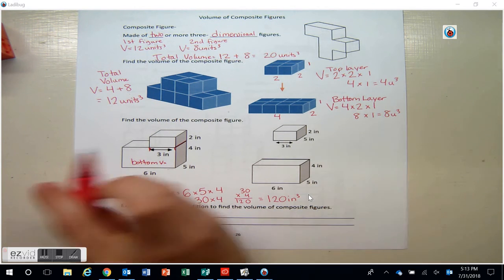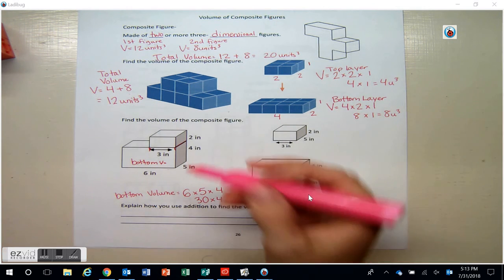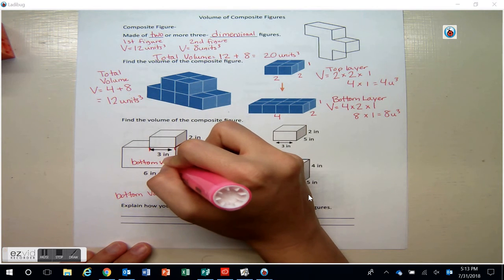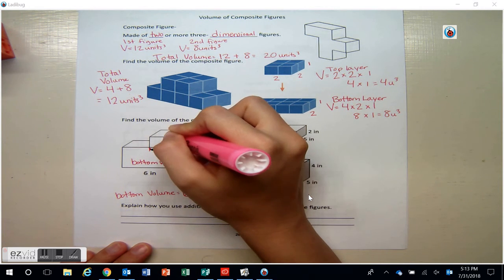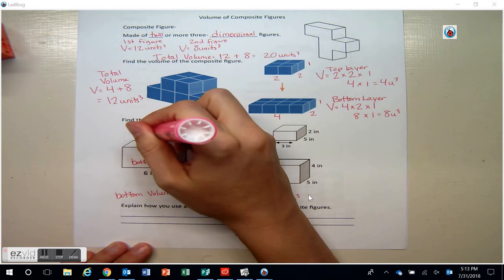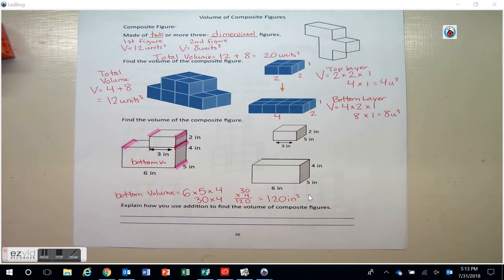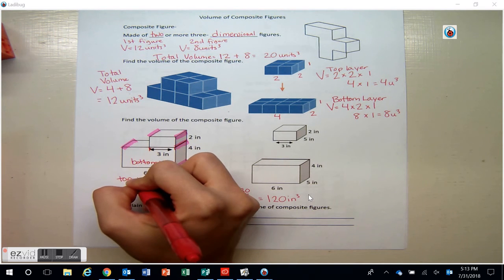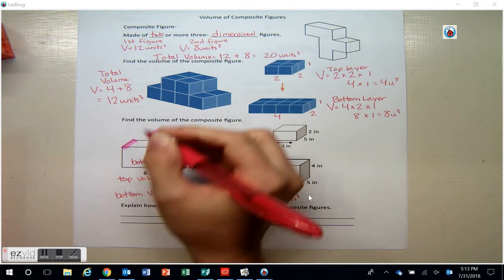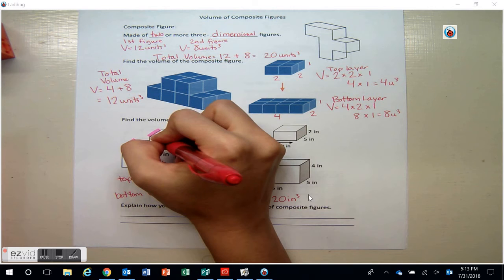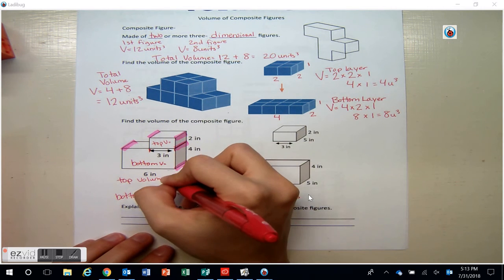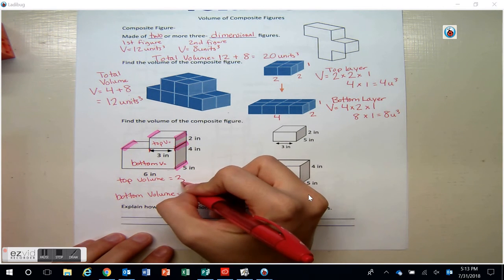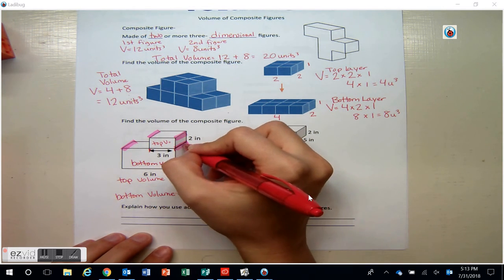What am I missing? Here, they're showing me with these arrows that the length here is 3. They're showing me here that the height is 2, but again, I'm missing the width of that right rectangular prism. Well, if you notice, again, it's lined up, so here we have the same dimensions.